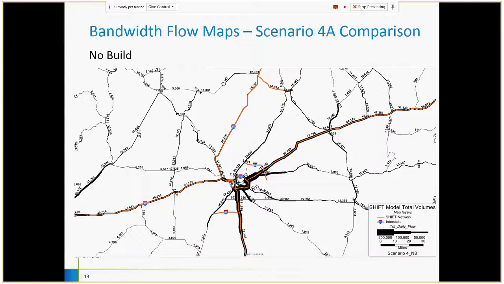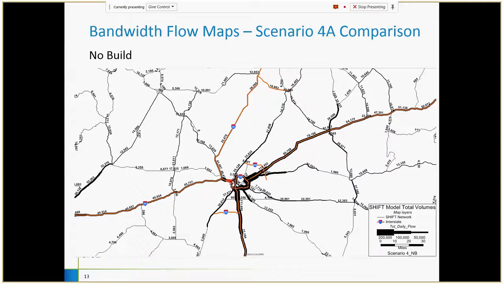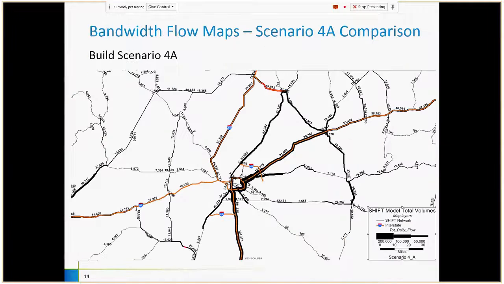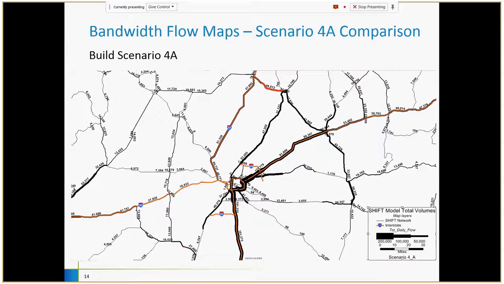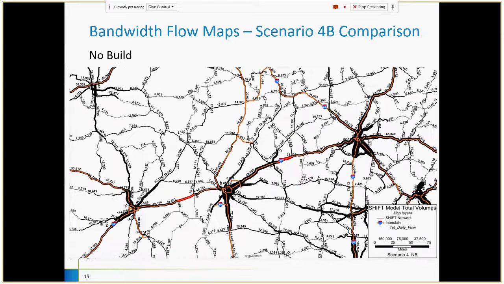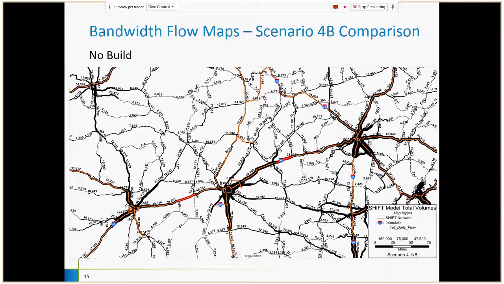And I included in here the bandwidth maps. You can see going back and forth between no build and build with the bridge closures, how things shift. And then likely for the New Madrid event, this is the no build, so vehicles are freely traveling wherever they want.